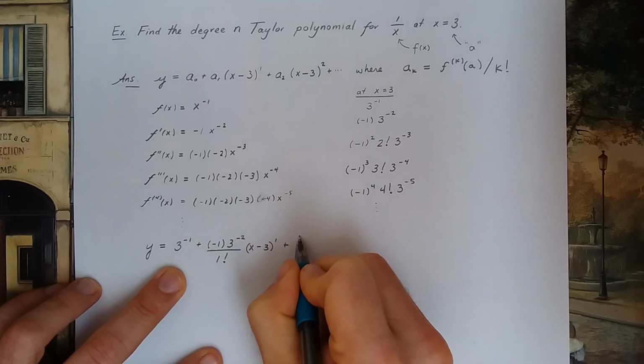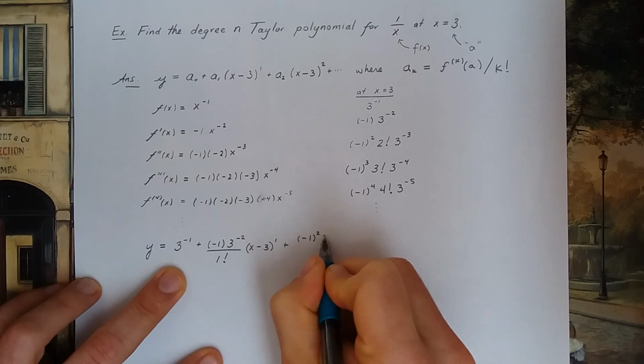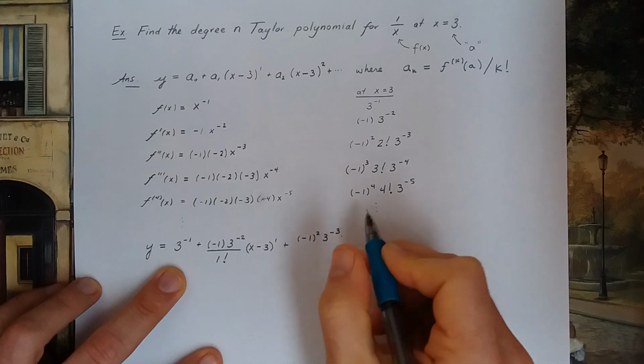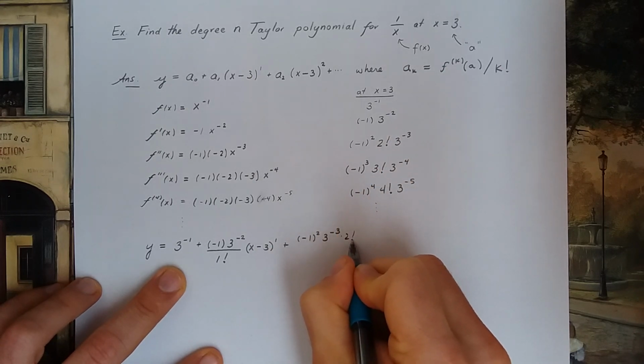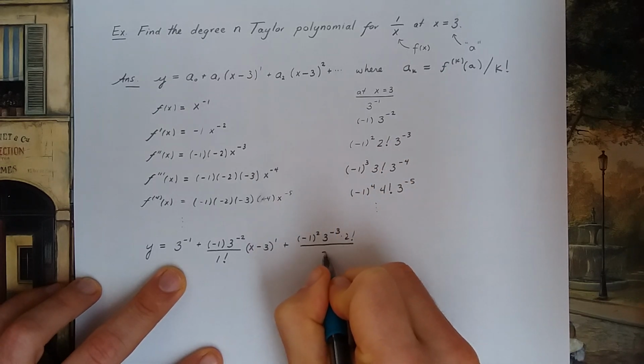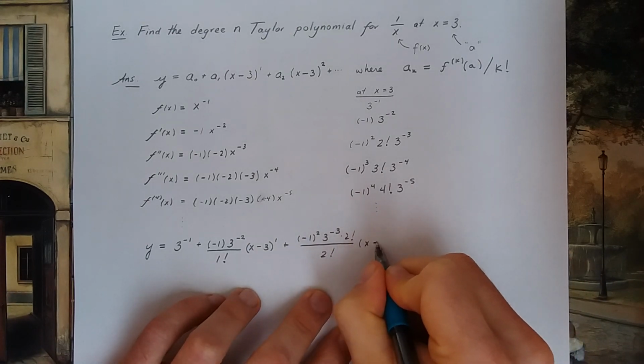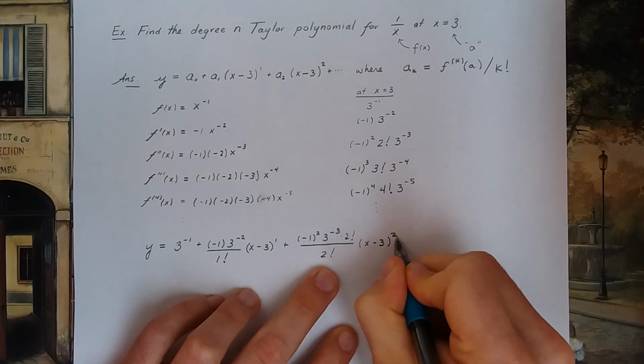The next, negative 1 squared, 3 to the negative 3 times an extra 2 factorial over 2 factorial, x minus 3 squared.